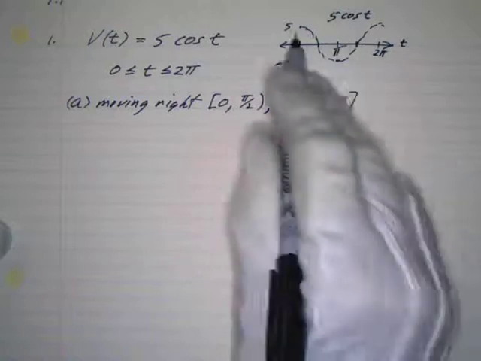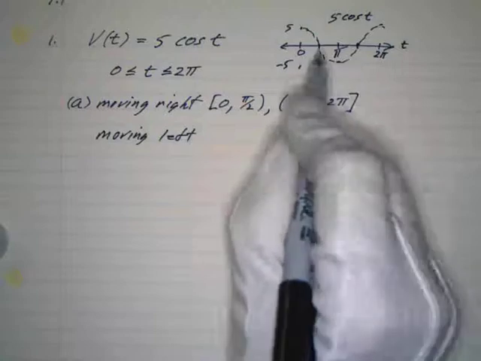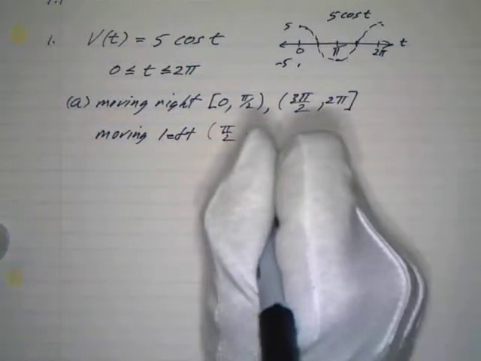When we're in the negative area, it's moving left. We're moving left on this interval whenever the velocity is negative, and that's from pi over 2 to 3 pi over 2. That's when it's moving left.